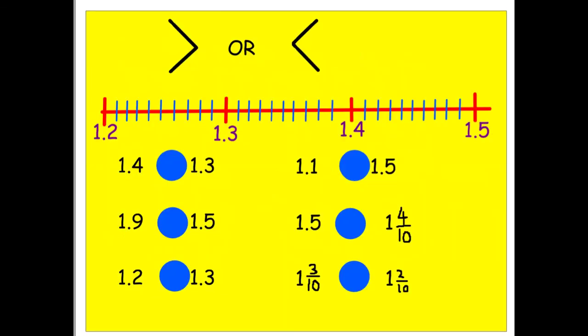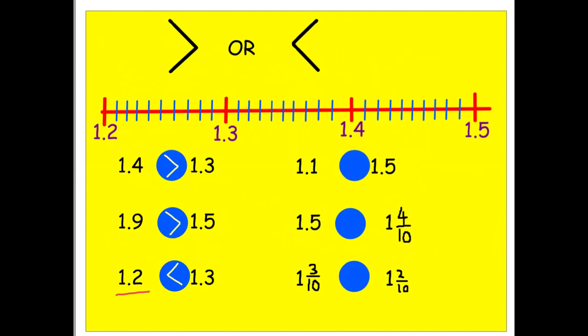This time we have to use the symbols greater than or less than. So the first question, 1.4 is greater than 1.3. Second one down, 1.9 is greater than 1.5. Third question, 1.2 is less than 1.3.